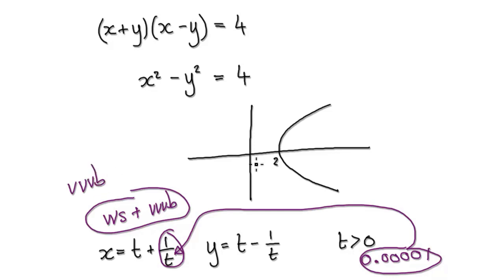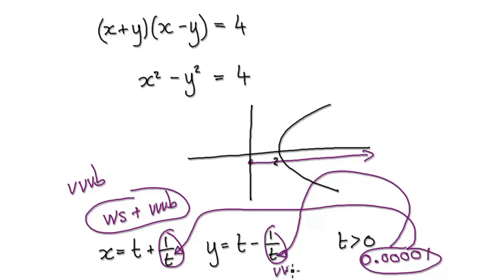So in the x direction it would be very, very big. Now to find the y location, this thing here will be very, very big, and this thing here will be very, very small, and then you've got your takeaway. So very, very small take away very, very big is minus very, very big.